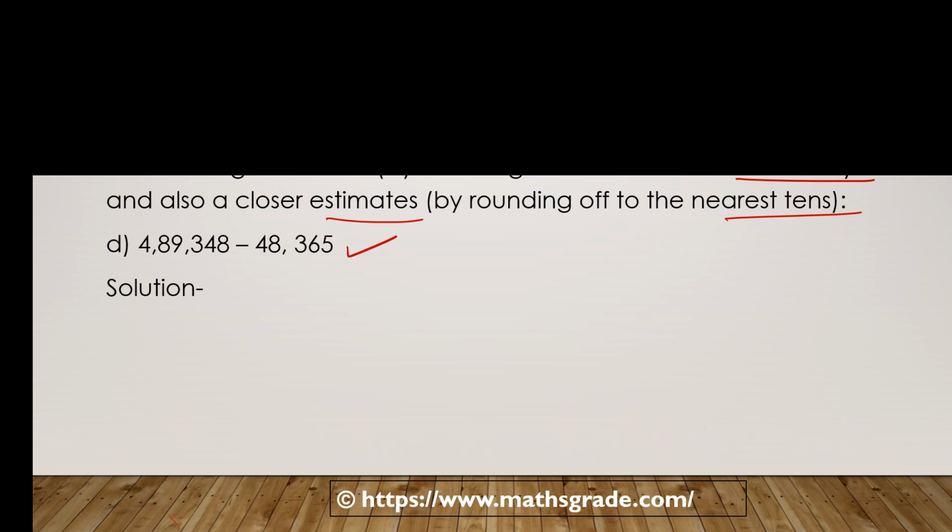Now estimating this difference, 4,89,348 rounded off to the nearest 10, we got 4,89,350 minus 48,365 rounded off to the nearest 10, we got 48,370.